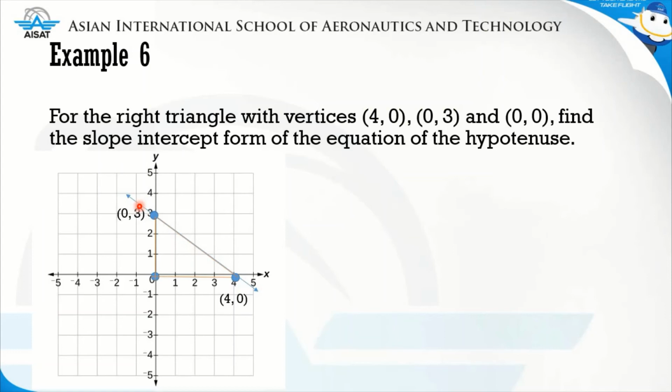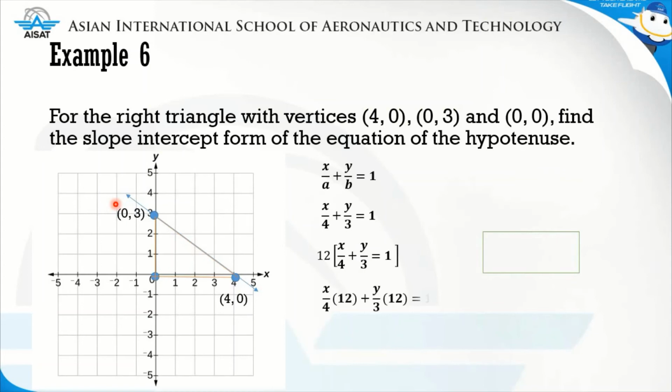Since what we are given are intercepts, therefore we will use x over a plus y over b is equal to 1. Now substituting the values for a and b, where a is 4 and b is 3, we'll have x over 4 plus y over 3 is equal to 1. Now multiplying this with the greatest common denominator, which is 12, we'll have 12 times x over 4 plus y over 3 is equal to 1.